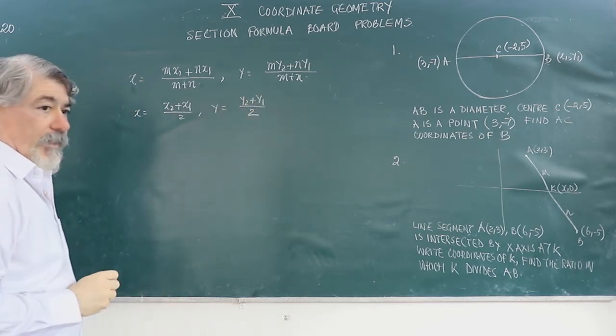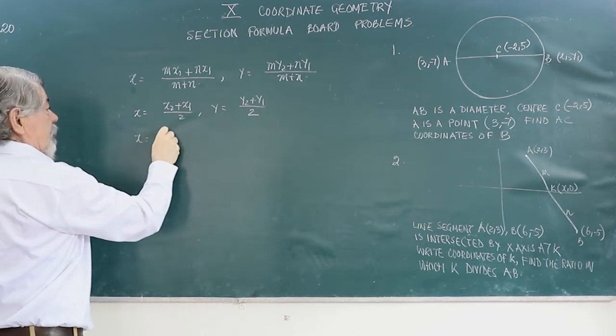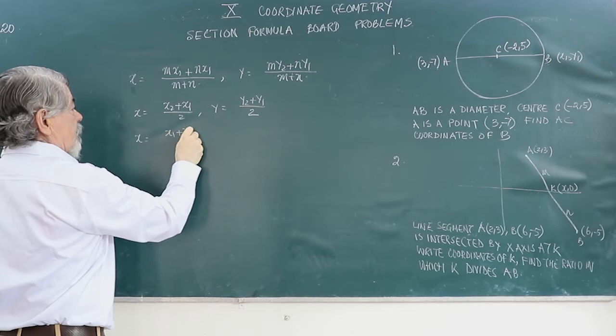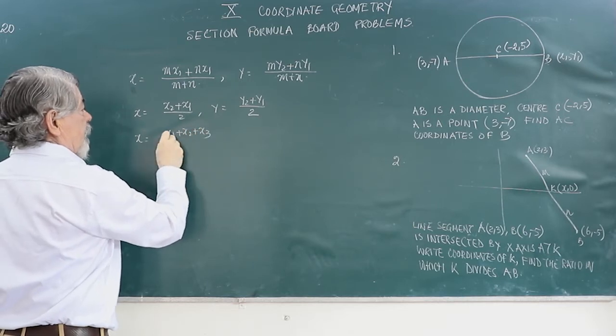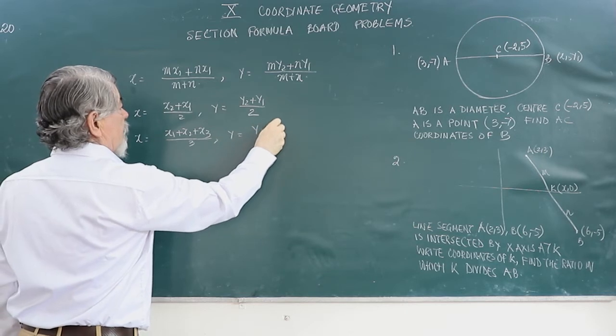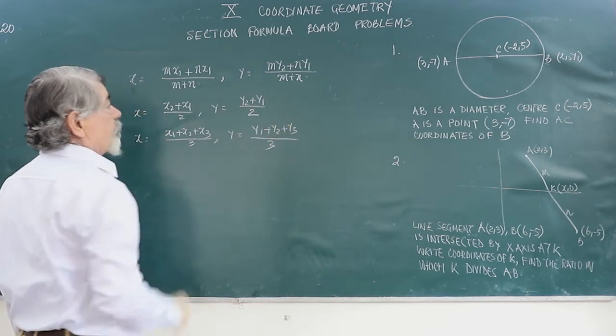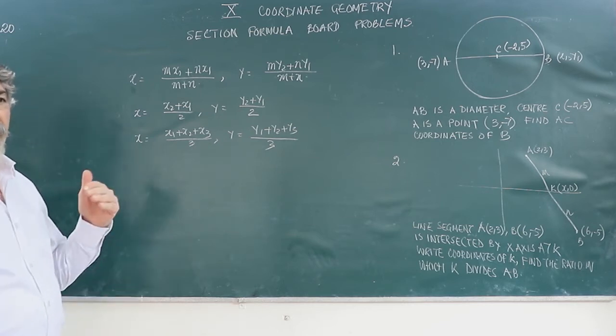Then we had the centroid of the triangle, (x1 plus x2 plus x3) upon 3, (y1 plus y2 plus y3) upon 3. These were the three formulas which we will be using often.